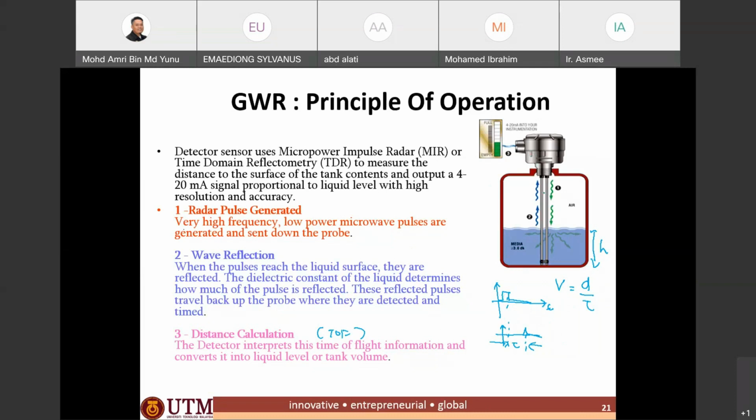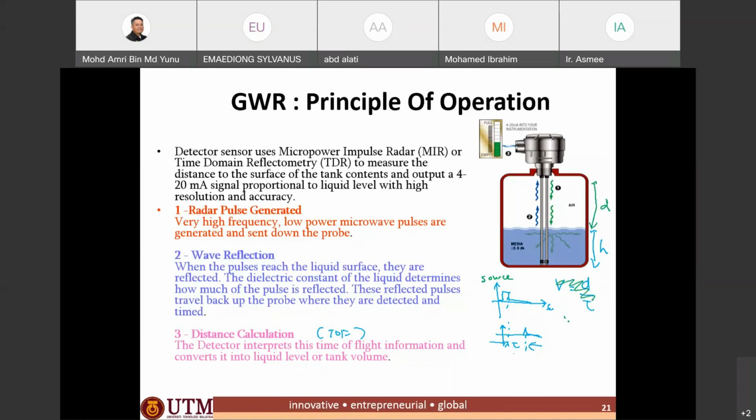So they will have a source, like in this figure, the source signal, and then there will be a reflection. So the distance between the source signal and the reflection, we can measure the distance d.